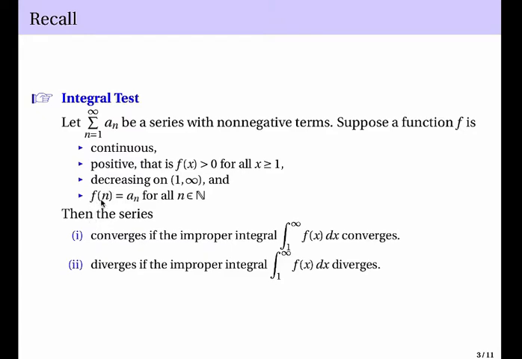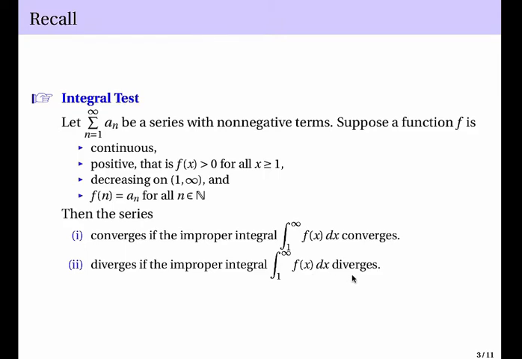And finally, if we evaluate f at every positive integer n, f of n is equal to a sub n. Then our conclusion is, this series converges if the improper integral from 1 to plus infinity of f of x dx converges, and this series diverges if the improper integral from 1 to plus infinity of f of x dx diverges.